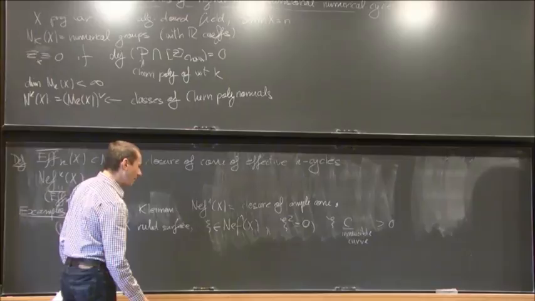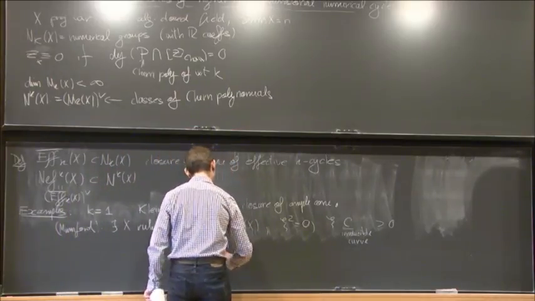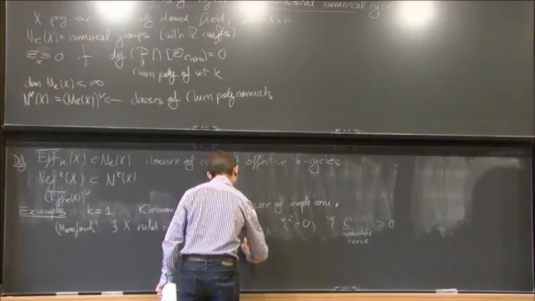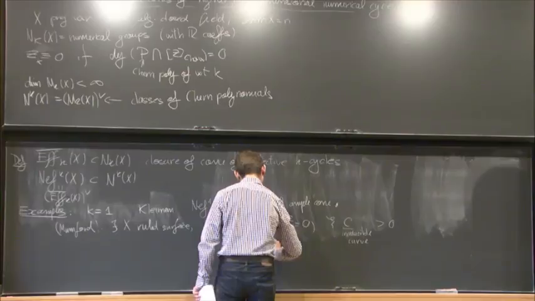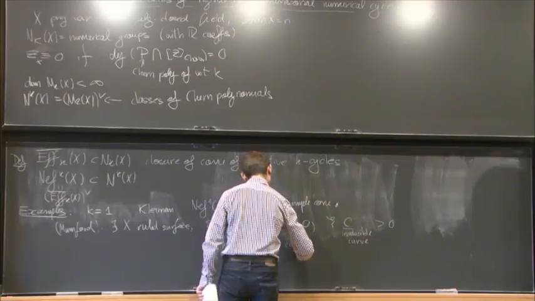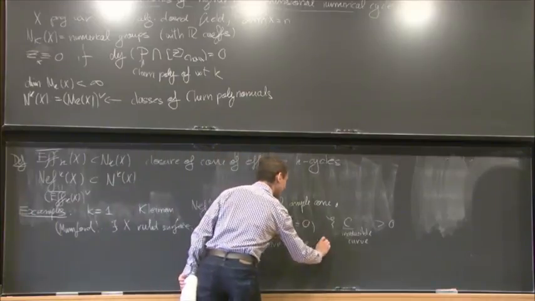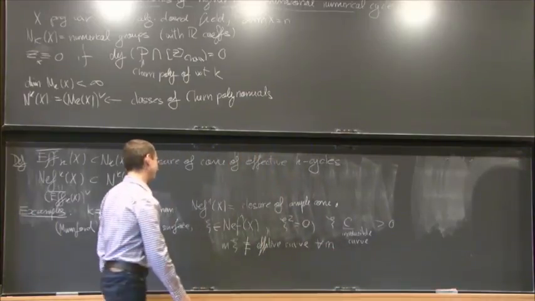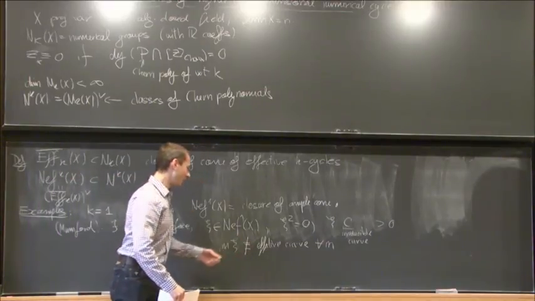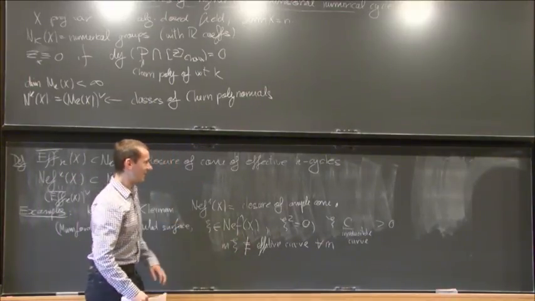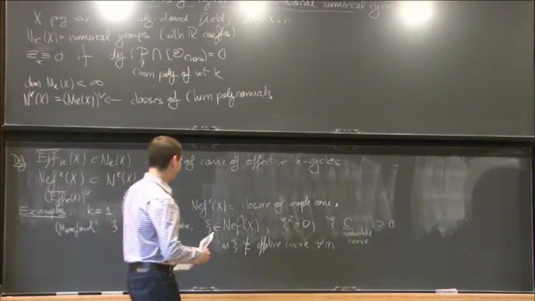You can show a little more here. You can show that m xi is not numerically equivalent to any effective curve. So this is for all m. Maybe it doesn't say much if I use numerical equivalence to put the m here, if you think of R or Q divisors. But yeah, you get the point.